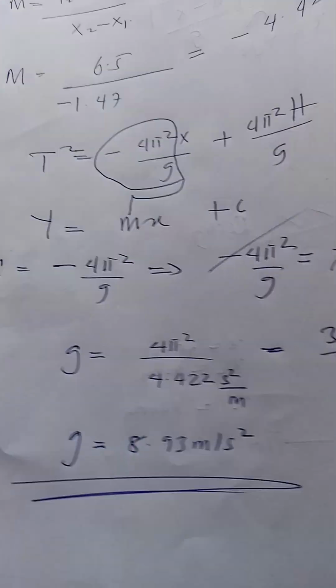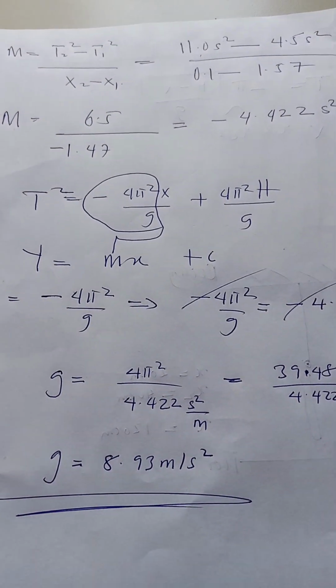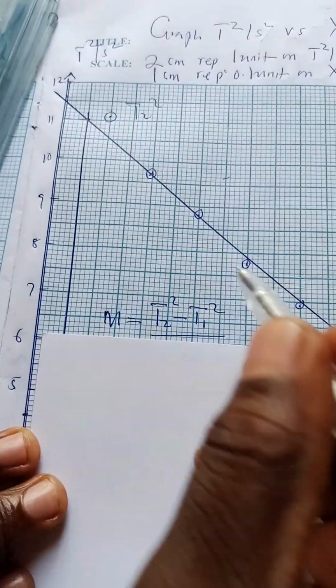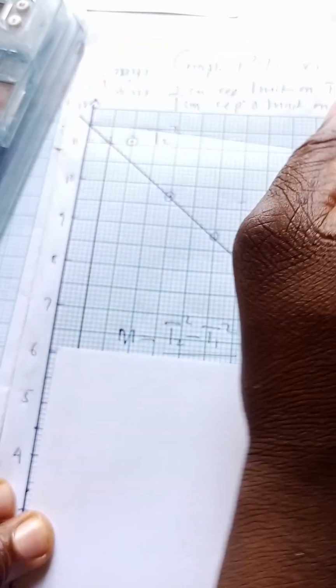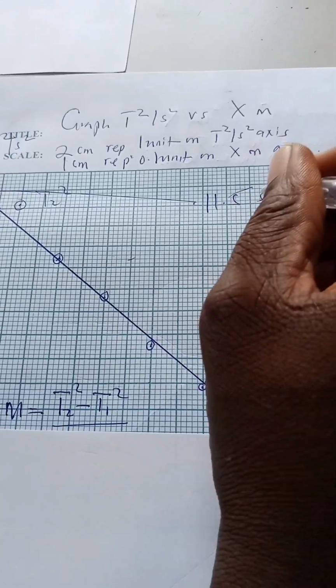The next task is to find the height from the floor to the ceiling of the laboratory. From our intercept here, this is where the line of the slope intersects the y-axis. It intersects the y-axis at 11.5 seconds squared.